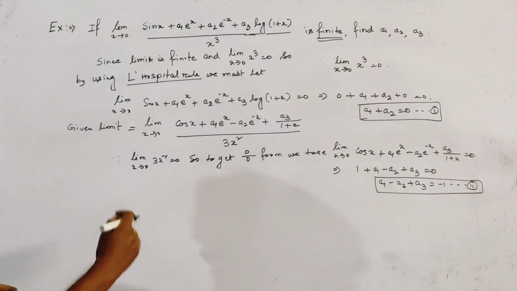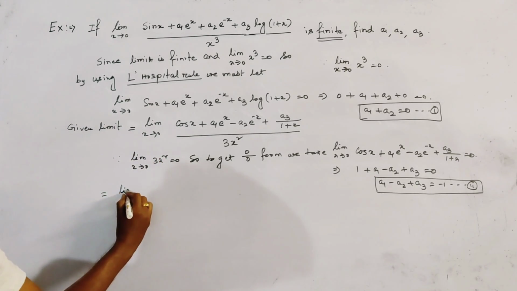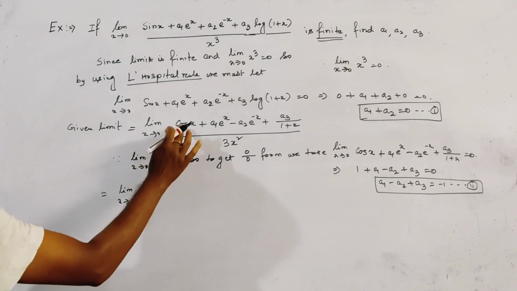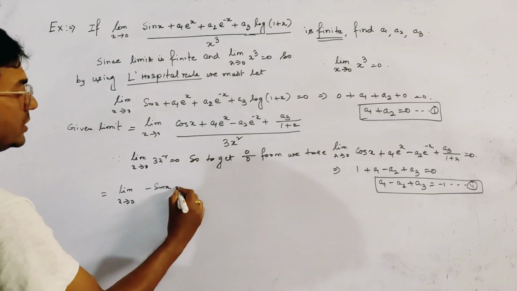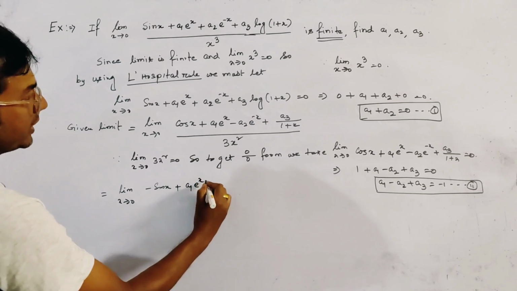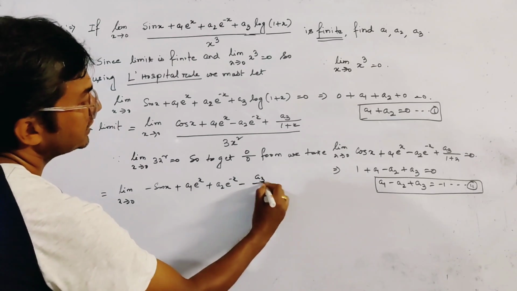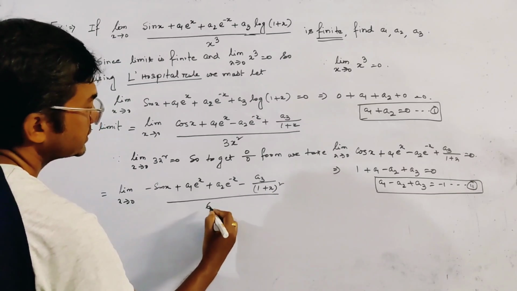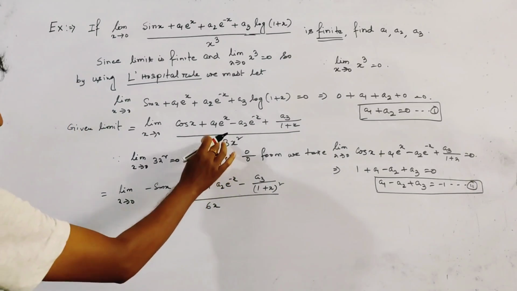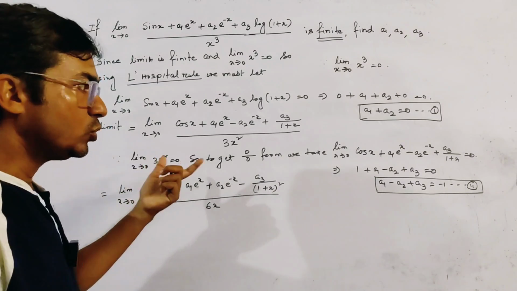Now again we use L'Hospital rule, and the given limit is the limit as x tends to 0 of (-sin x + a1 e^x + a2 e^(-x) - a3/(1 + x) whole square) divided by 6x, because the derivative of 3x square is 6x. Now we repeat the same rule.